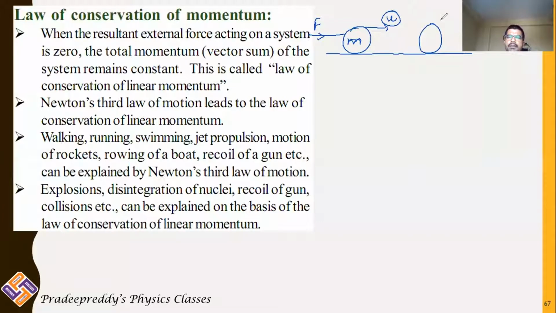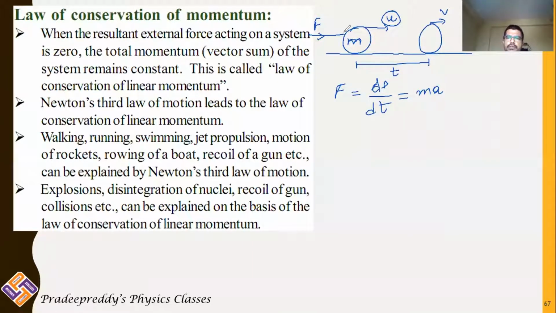Now, the final velocity with which it is moving is v, and this is the time taken to increase its velocity from u to v. Therefore, you have the basic definition of force: F is equal to dp divided by dt. That's what we have already learned in Newton's second law. Or you can even write F is equal to m into acceleration a.